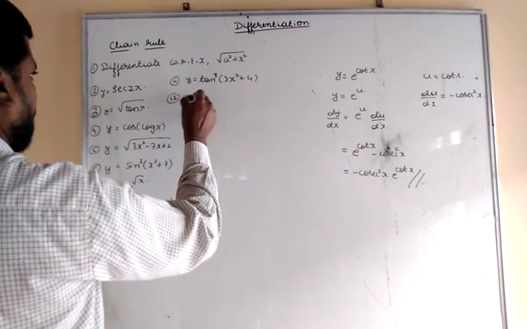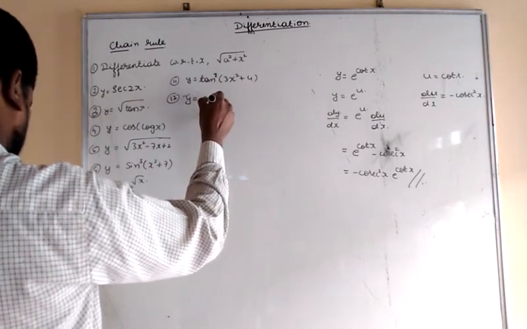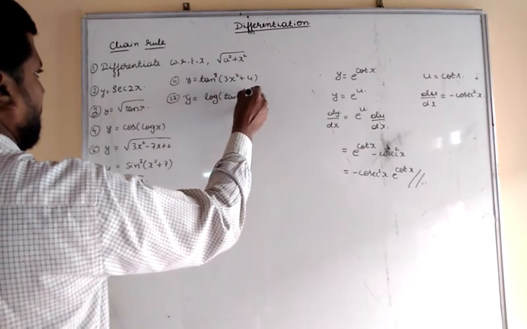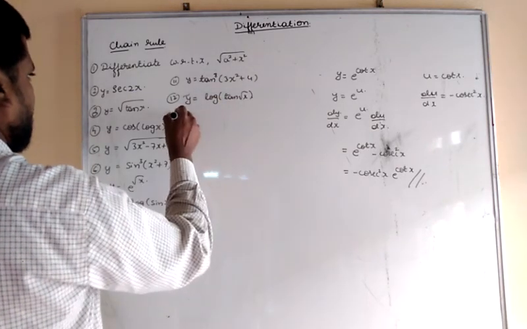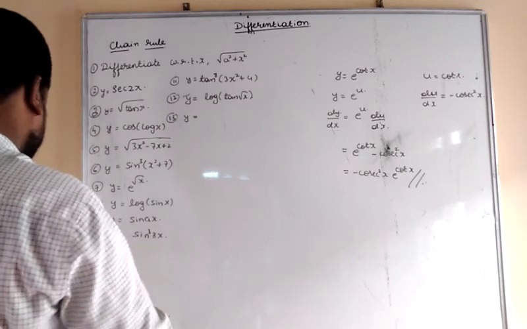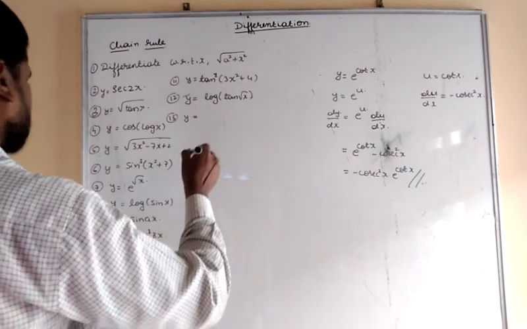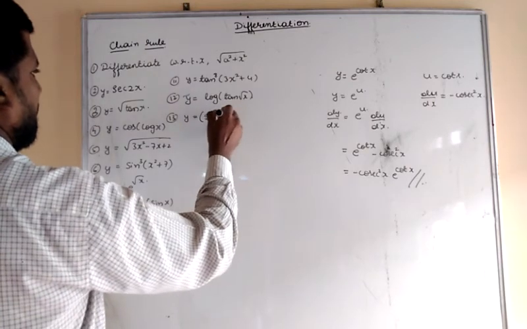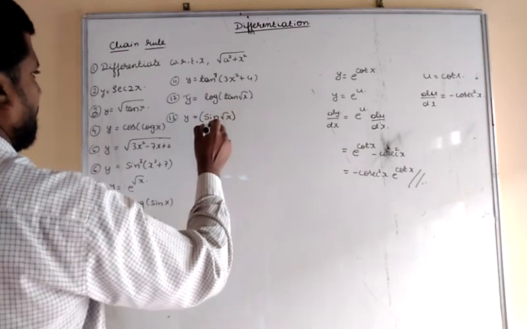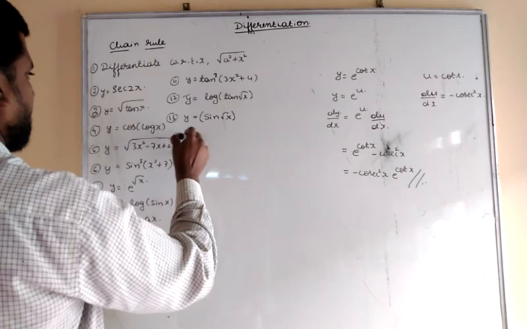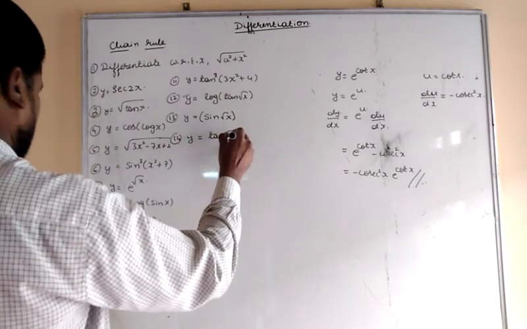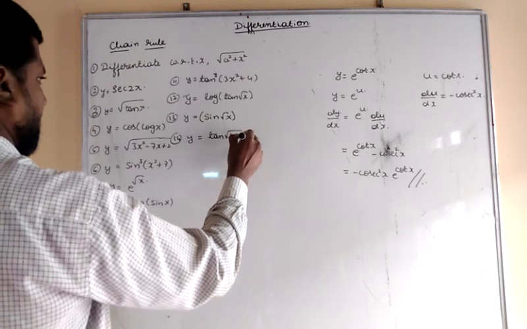Next one, y is equal to log of tan root x. The next one, y is equal to sine root x. The next one, y is equal to tan of root log x.